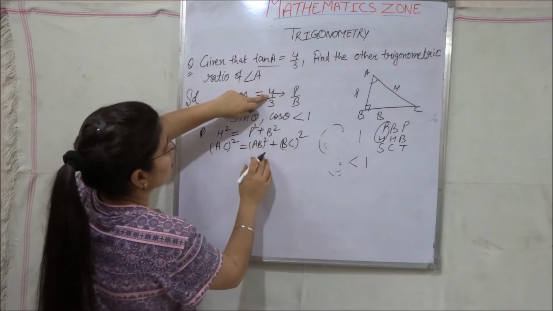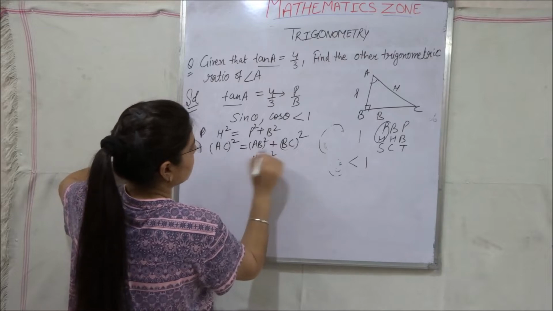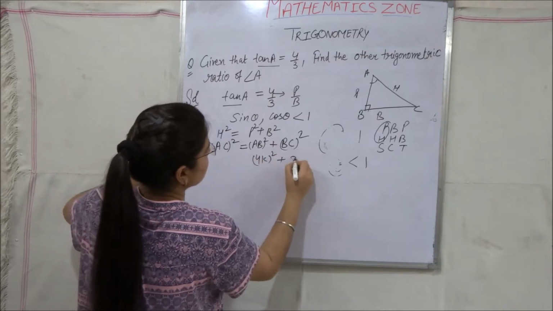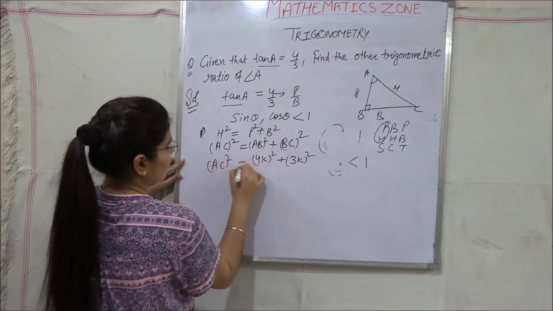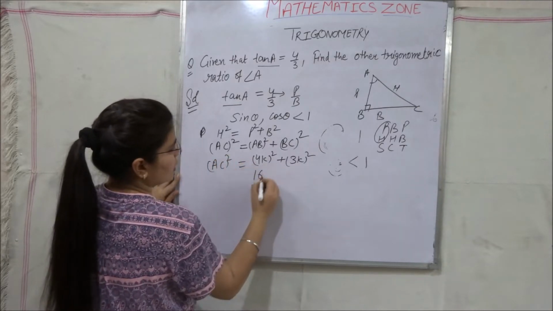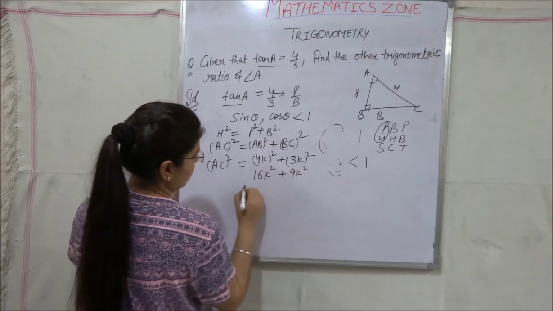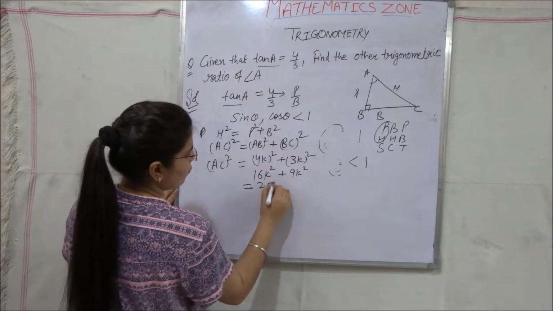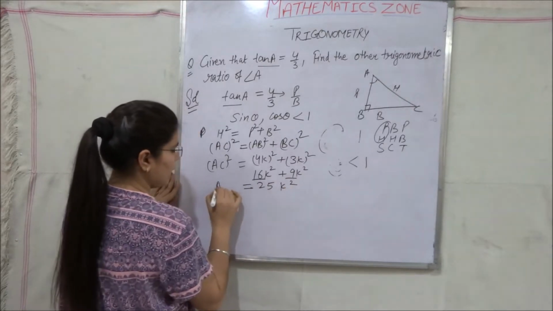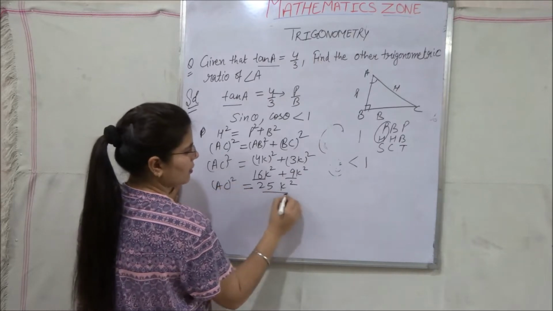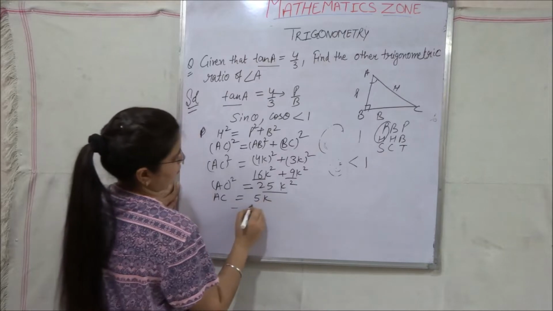So here P is 4k and BC is 3k. 4k square is 16k square, 3k square is 9k square. So we are left with 16 plus 9, which is 25k square. So the value of AC square is 25k square and AC will be equal to 5k.